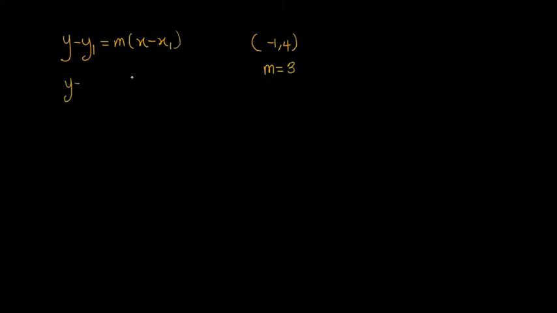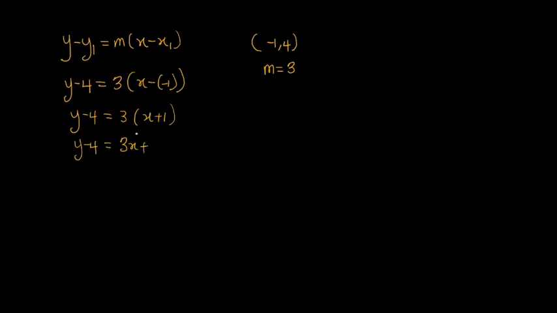We have y minus our y1, which is 4, equals the gradient 3 into bracket x minus negative 1 for our x. So I have y minus 4 equals 3 into bracket x plus 1. Y minus 4 is equal to 3 multiplied by x, which gives 3x, plus 3 multiplied by 1, which gives 3. So y minus 4 minus 3x minus 3 is equal to 0.